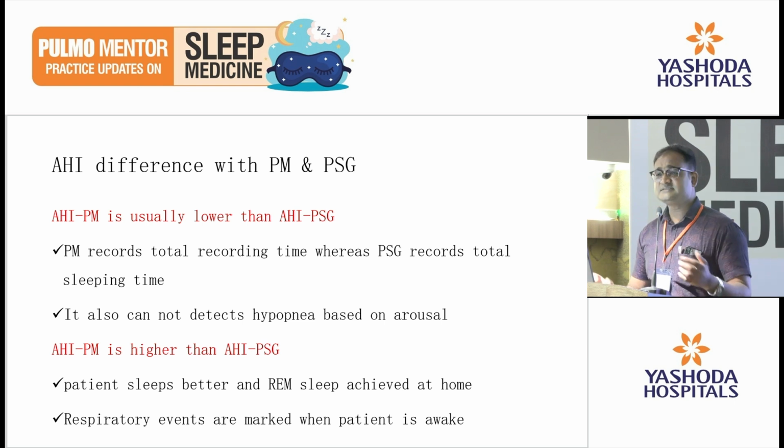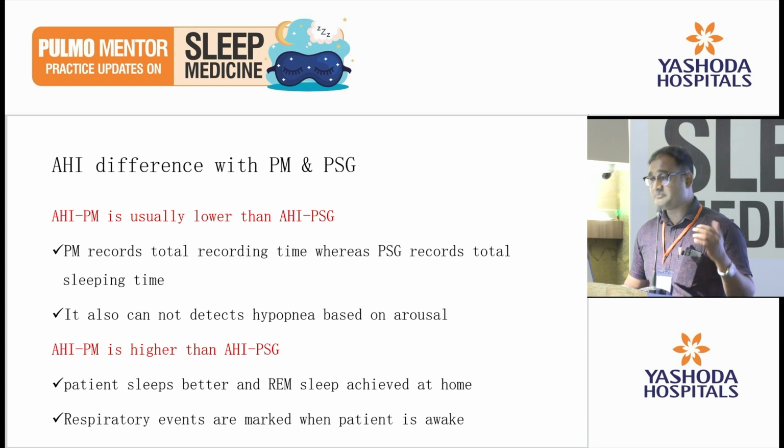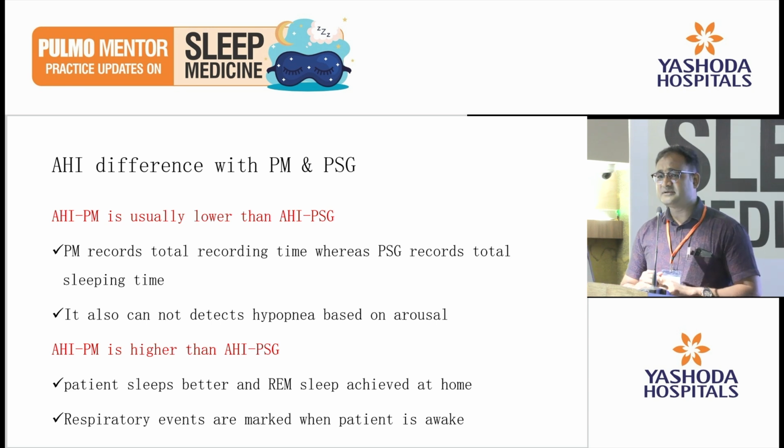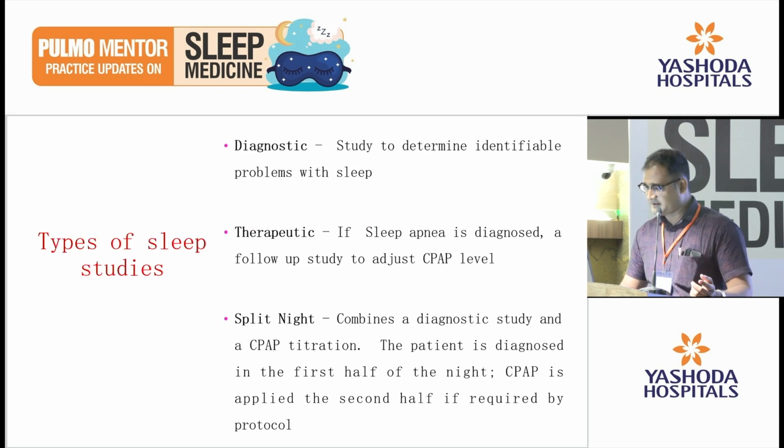There is a hypothesis that patients sleep better and REM sleep is achieved better when sleeping at home, because the majority of the events occur during REM sleep. That is why in some patients you will see the AHI in portable monitoring greater than the AHI of polysomnography. And sometimes the respiratory events are marked when the patient is awake.